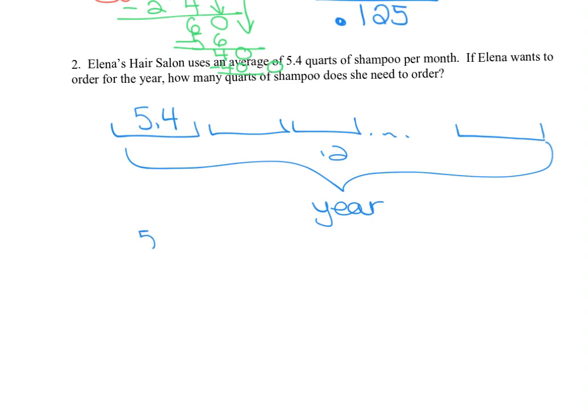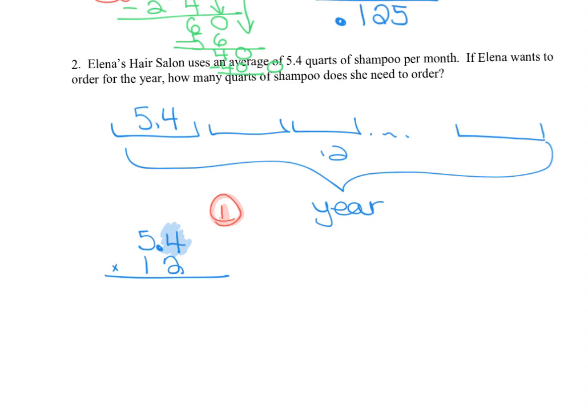So I want to take 5.4 and multiply it by 12. When I'm counting up my decimals to the right of the decimal, there's only 1. 12 doesn't even have a decimal, so you don't need to worry about it. So I'm remembering that 1 is the number I'm going to need to move my decimal at the end.